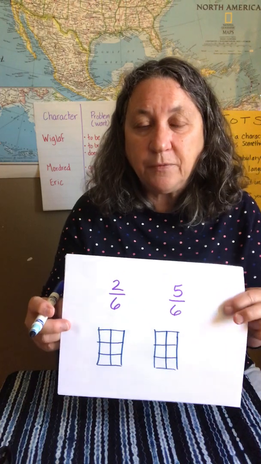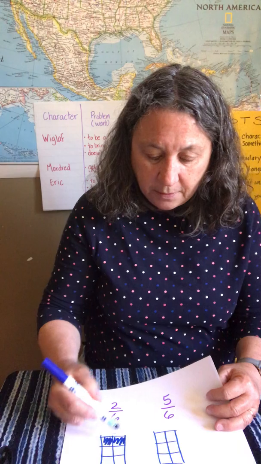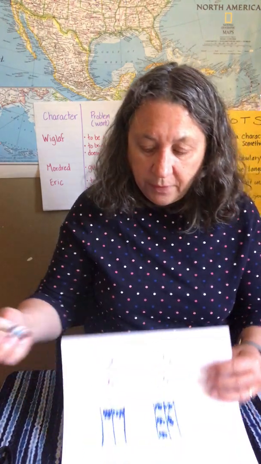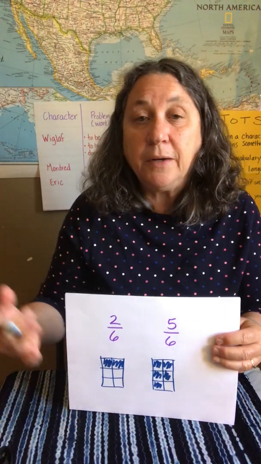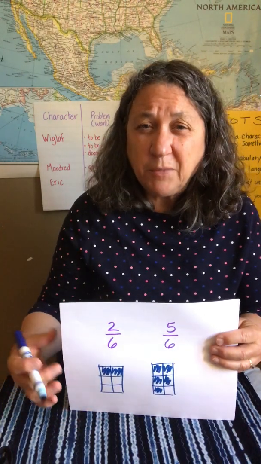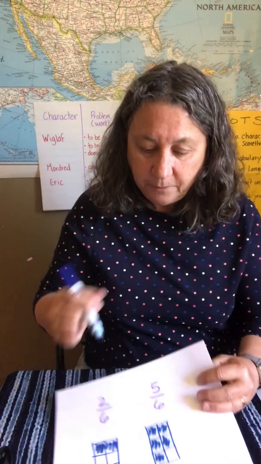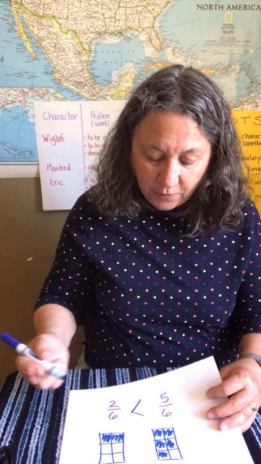Now the way to figure it out is, how many are shaded? 2 are shaded here, and 5 are shaded here. When the denominator is the same, it's really quite easy because 2/6 is less than 5/6.